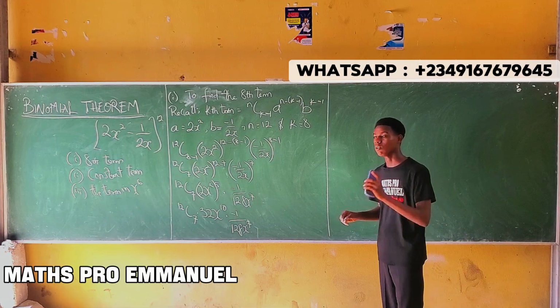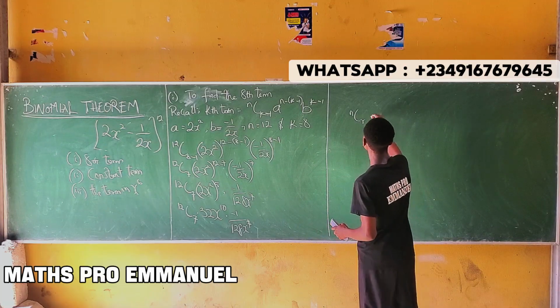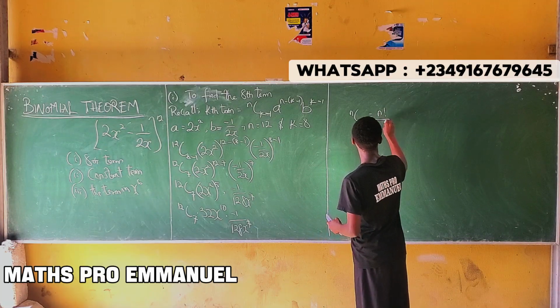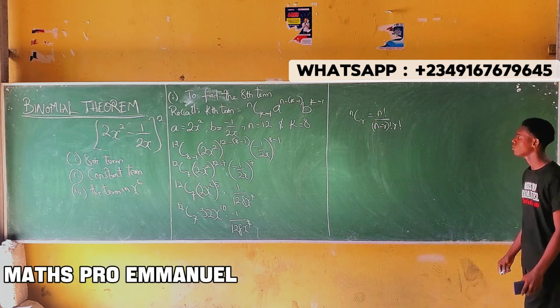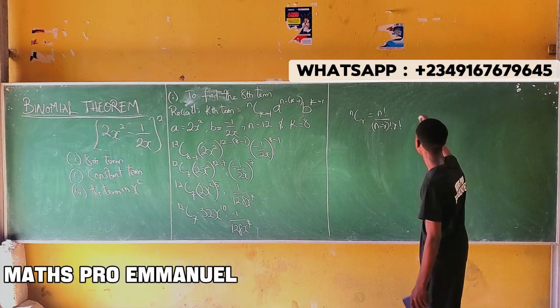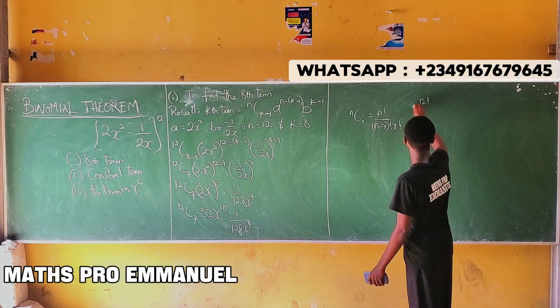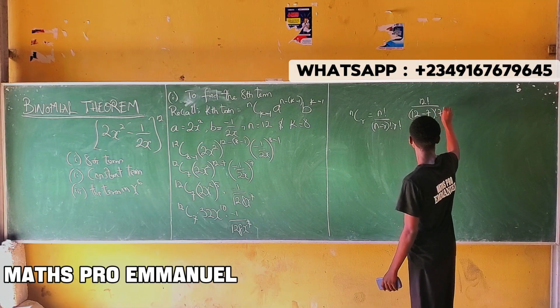When you see something like combination, if I have n combination r, the result will be n factorial all over (n minus r) factorial, r factorial. This is the general form of combination. So now I'm asked to find 12 combination 7, so my result will be 12 factorial all over (12 minus 7) factorial, 7 factorial.